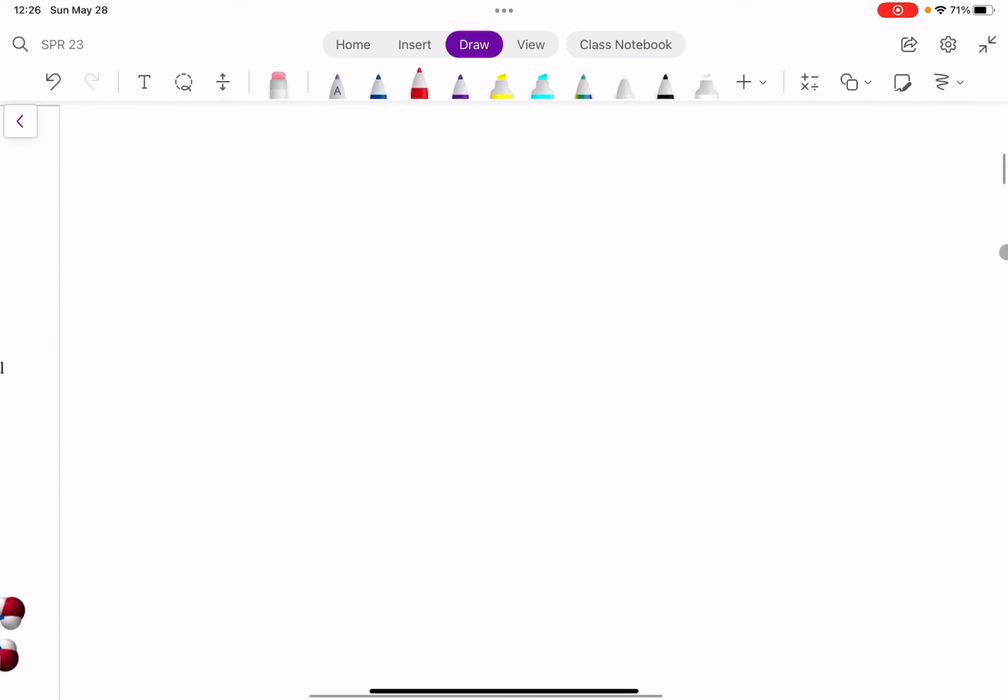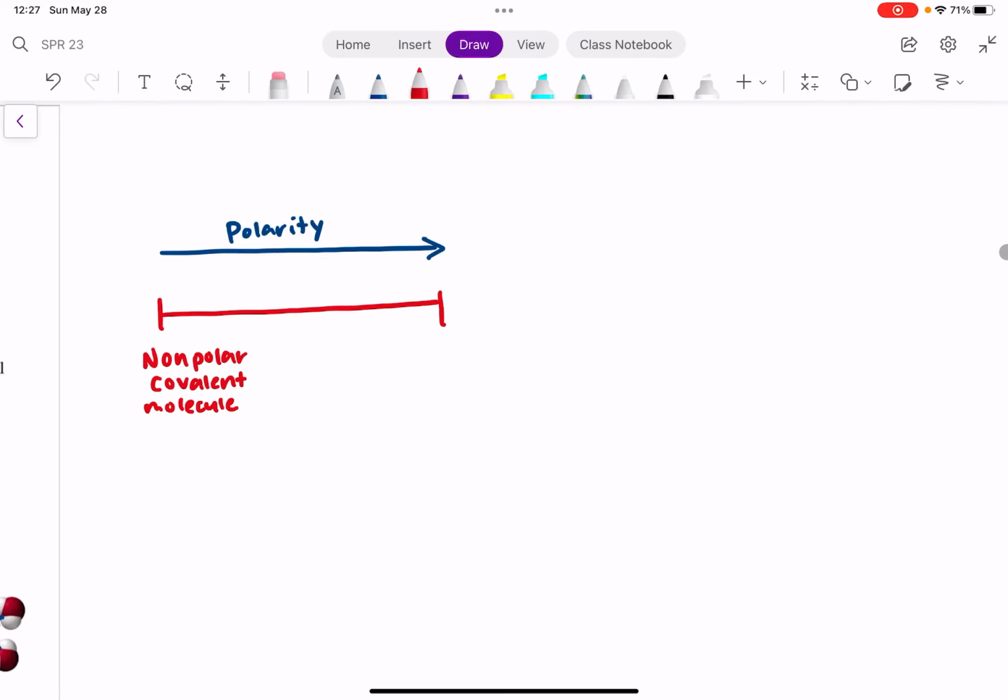We said, if we're on this side of the arrow, we're not polar at all. An example of that would be a nonpolar covalent molecule. And then at the other end of the spectrum, we could have ionic compounds. Those don't have a partial positive or a partial negative, they have a full positive and a full negative charge.